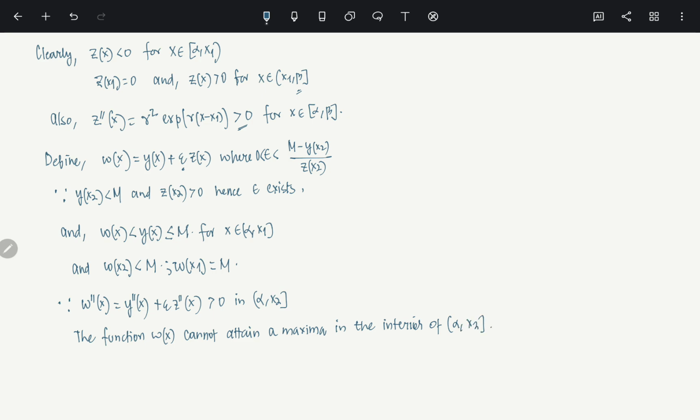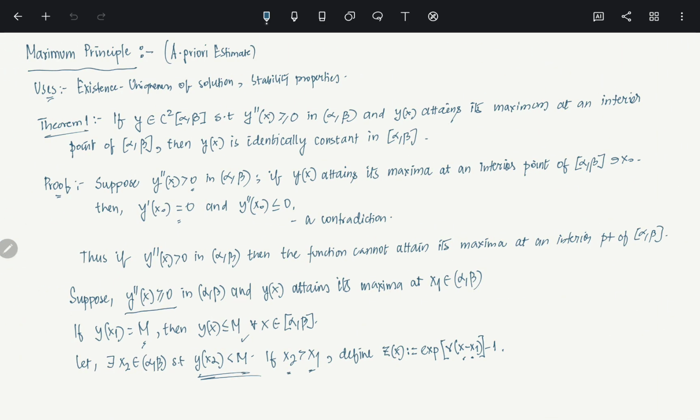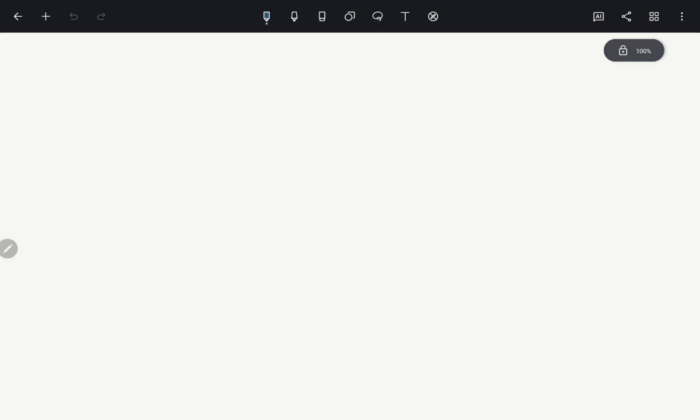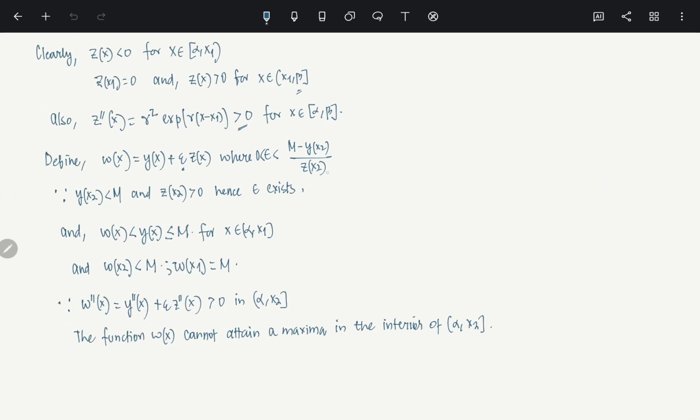Is it okay? Okay, it cannot have. Where are we getting this? This we are getting from the first part. Correct. Now let's look at it. See, the thing is, between alpha and x2 we have it. Okay. Now you see, let's look at what happens at w at the point alpha. W at the point alpha is less than m, right? This is what we calculated here. You remember?